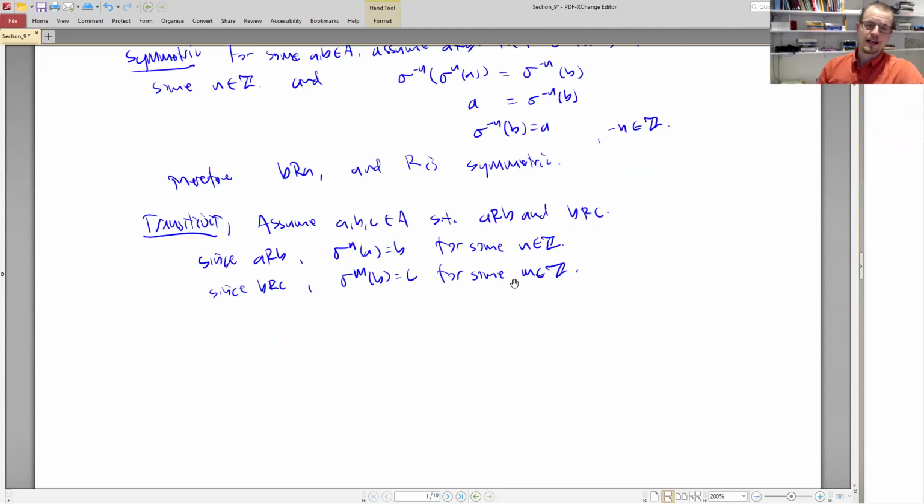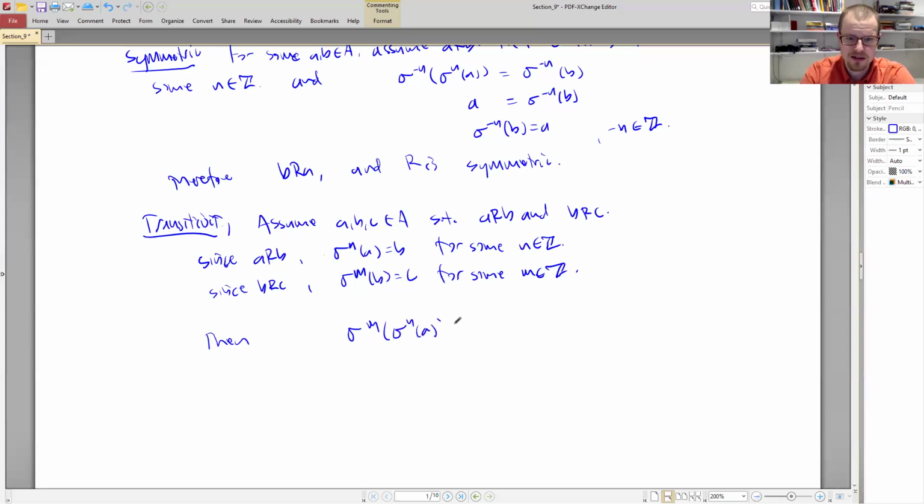Now I can compose these functions together. I can recognize that b is sigma to the nth power of a, so sigma to the mth power of b, with b being sigma to the nth power of a, is equal to c. And we can work with composition.